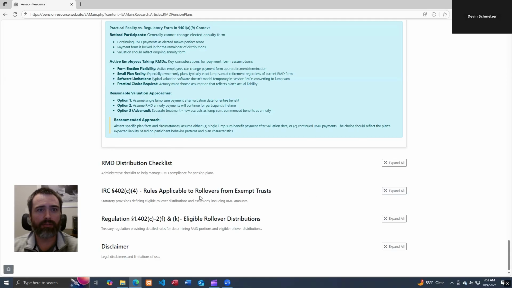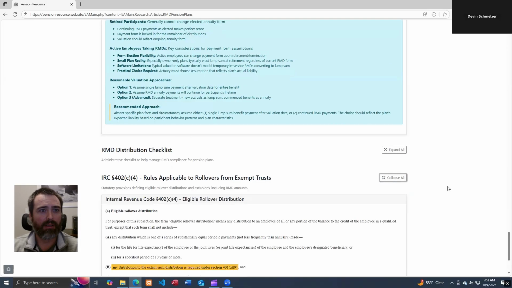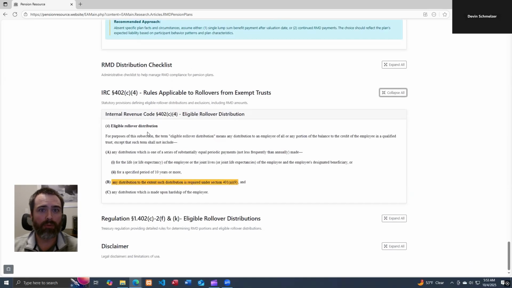IRC 402(c)(4) says distributions eligible for rollover are any distribution from a qualified retirement plan other than payments that are substantially equal, made for the life of the employee or joint lives with the beneficiary, a certain annuity of 10 or more years, hardship, and for our purposes, any distribution under 401(a)(9) required distributions. This is clear. Annuity payments from defined benefit plans are not eligible for rollover, period.